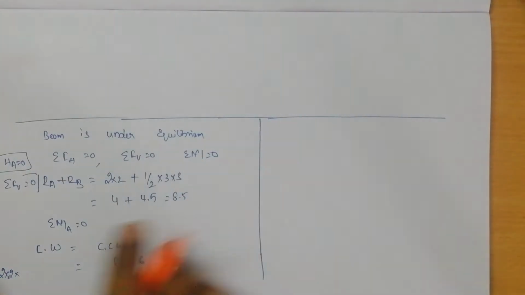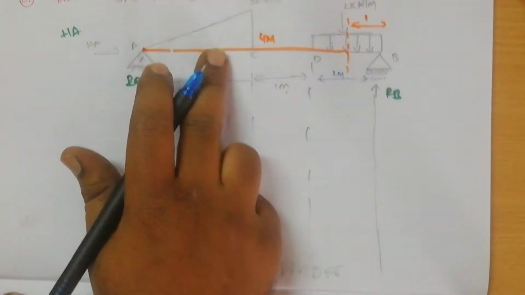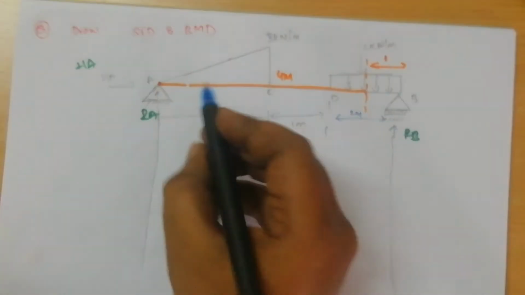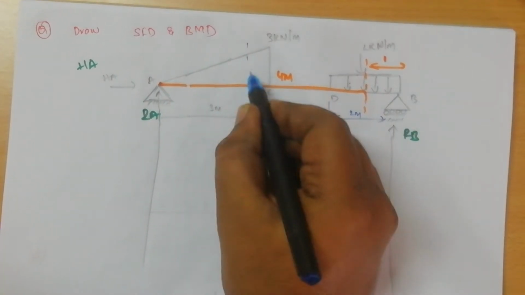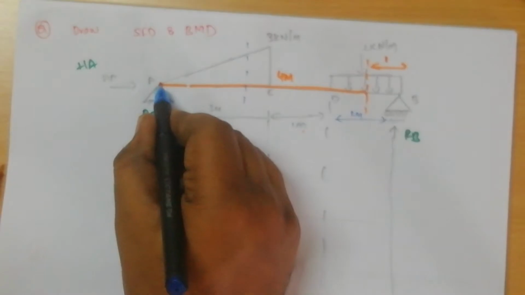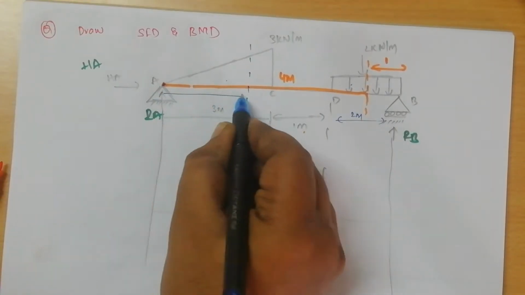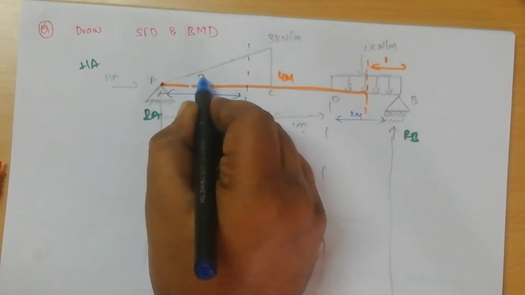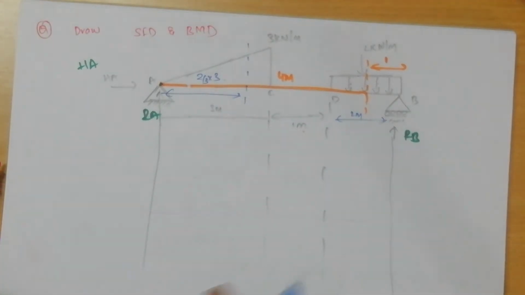Correct. So I will write here 2 into 2 into 4 plus, now because of the UVL, we already know that from the apex the CG will be present at a distance of 2/3 of the length. So from here the distance till this is nothing but 2/3 into 3. Why 2/3 of the length?